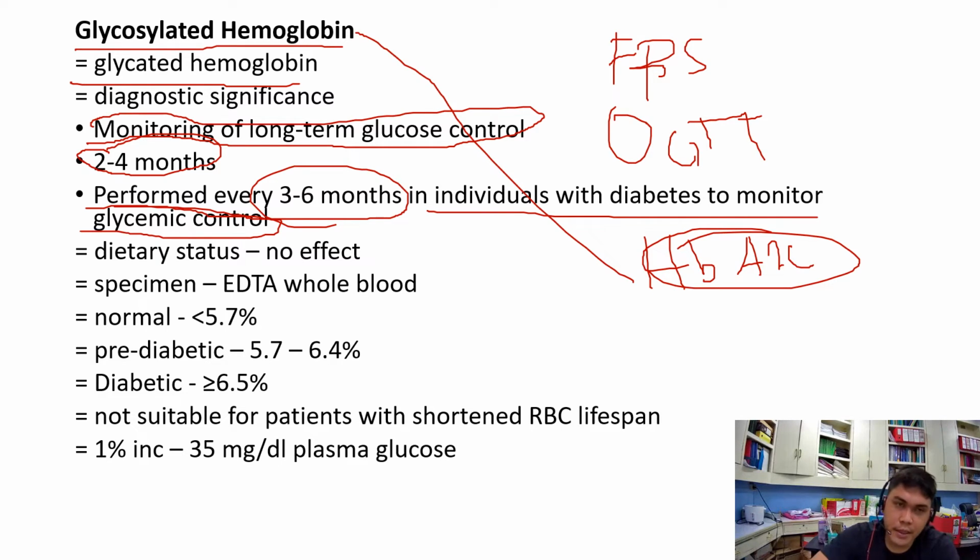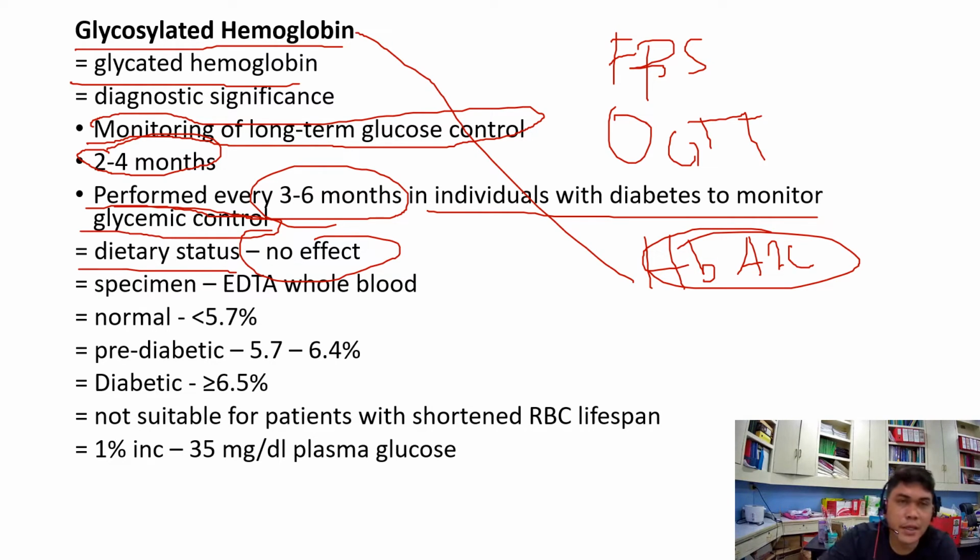Now, for glycosylated hemoglobin, dietary status has no effect, meaning fasting is not required in the measurement of glycated hemoglobin, because wala yung effect imong fasting, because it's for long-term monitoring man.